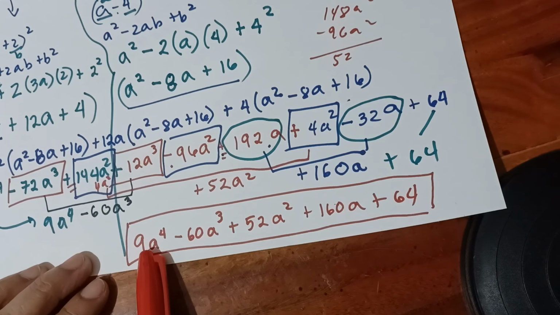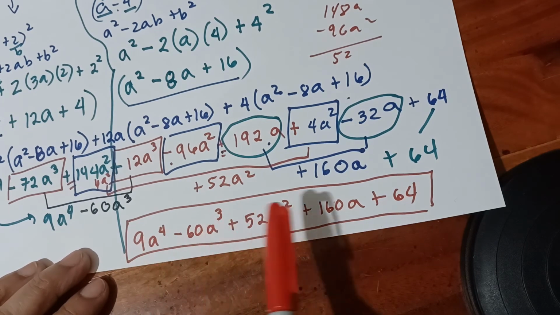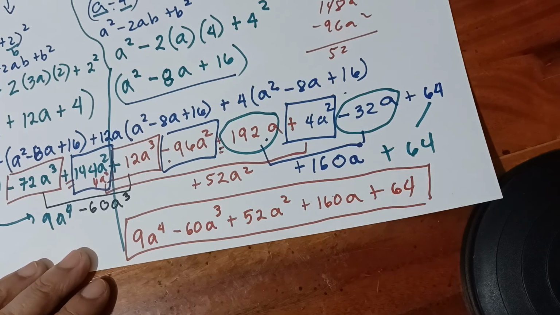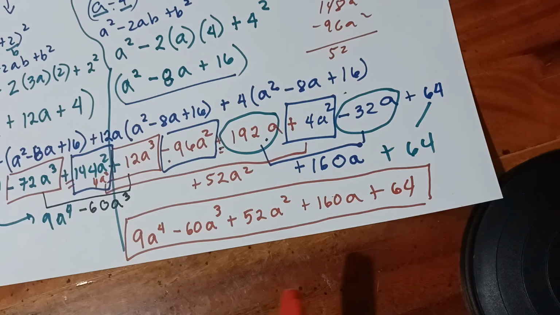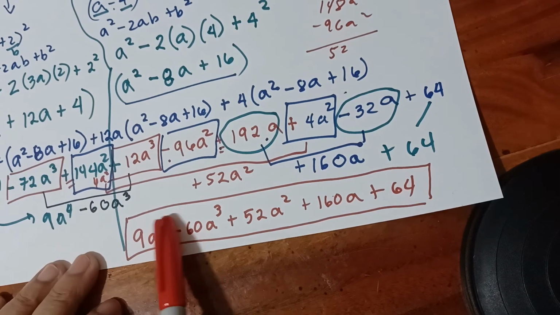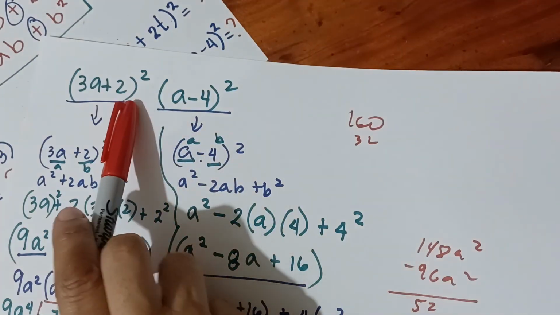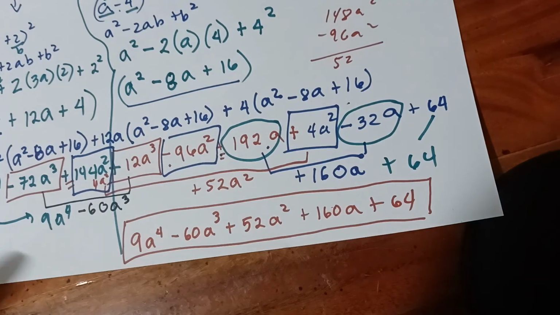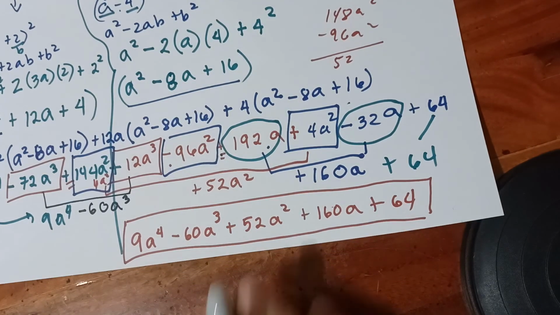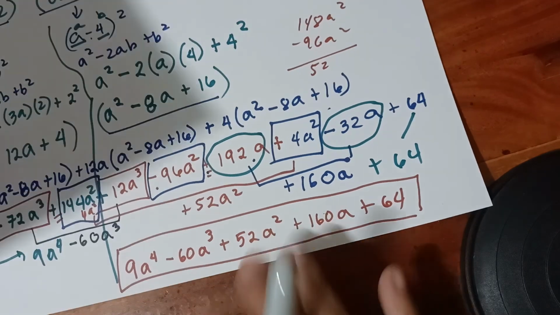So as you can see here, pag nakita mo siya, 4, 3, 2, 1, and then the constant. So mag-expect ka nun. Huwag kang magugulat if your answer will be of the fourth degree because perfect binomial square ang minultiply mo. Okay, so that's how we multiply perfect square trinomial.